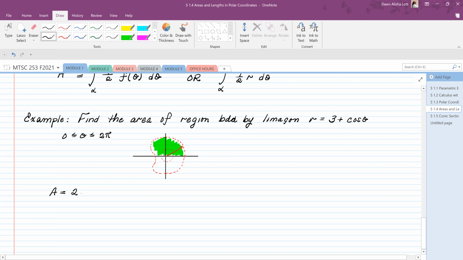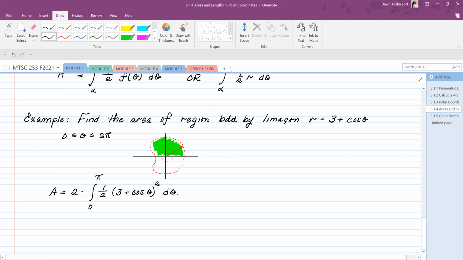So it's 2 times the integral from 0 to pi of 1/2 r, which is 3 plus the cosine of theta, squared d theta.